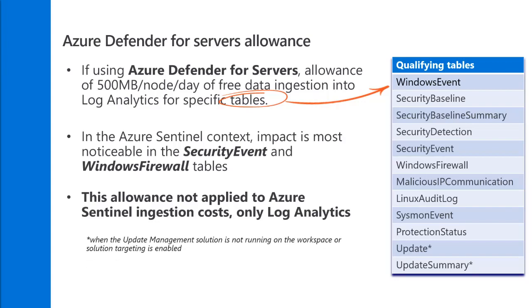Additionally, the 500 megabytes is actually a daily rate average across all the nodes. So even if some machines send 100 MB and others send 800, if the total doesn't exceed the total number of machines multiplied by the allowance of 500 MB, then you won't incur any extra charges.